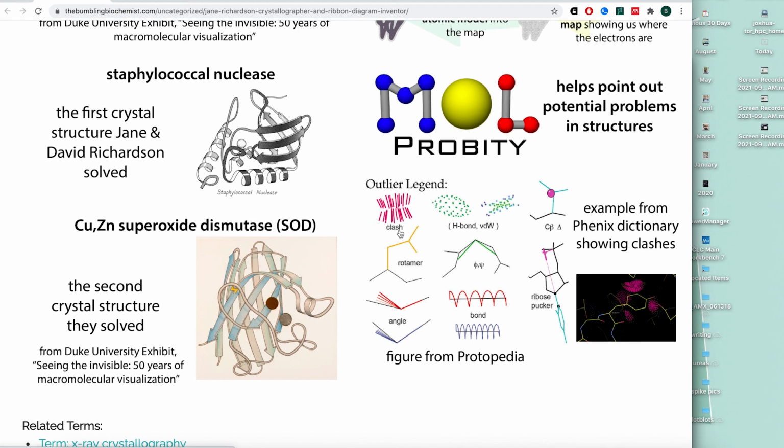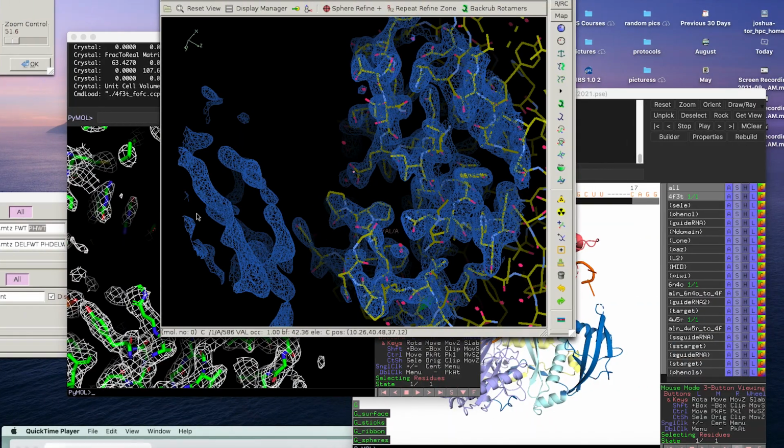So when we're looking at the map, if you were to just rely on trying to match the shapes into the mesh, it would be really difficult and potentially not that helpful, because the mesh can improve as you improve your model, since you're improving the phase information, which you don't have.